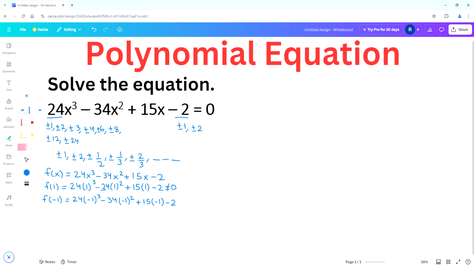When we combine these terms, we do not get a value equal to 0. That means x equals -1 does not work for us.